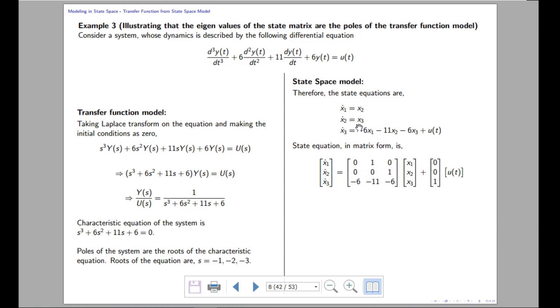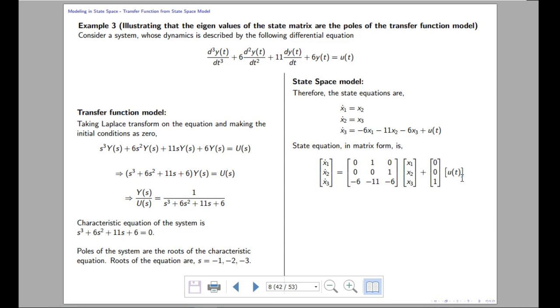The second equation has 0 for x1 and x2, so 0 0, and it has only an x3 term. The third equation has x1, x2 and x3 terms, so the coefficients are minus 6, minus 11 and minus 6. And only the third equation has a u of t term, so put 0, 0, 1 u of t. So I got the state equation in matrix form.